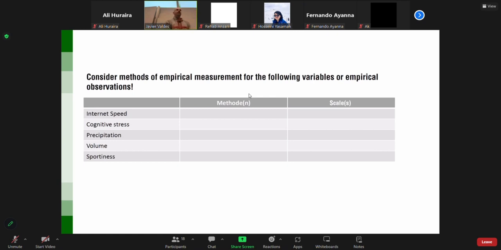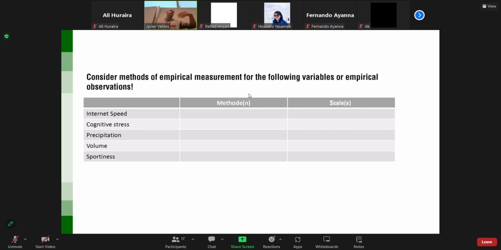For example, we want to measure the internet speed. How do you do that? You go to the Vodafone speed thing, isn't it? Yeah, exactly. But you need a variable. Which variable do you use?